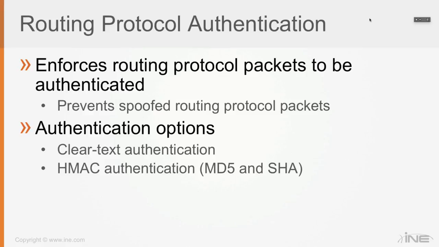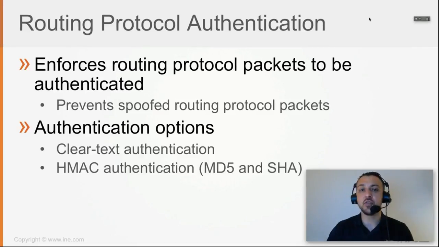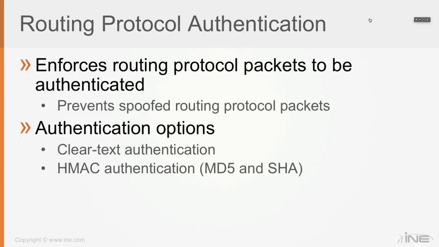Authentication options: all protocols are going to support either clear text authentication or HMAC authentication via MD5 or SHA. First of all, clear text authentication doesn't really add a lot of security, so it should not be used anymore, ideally.